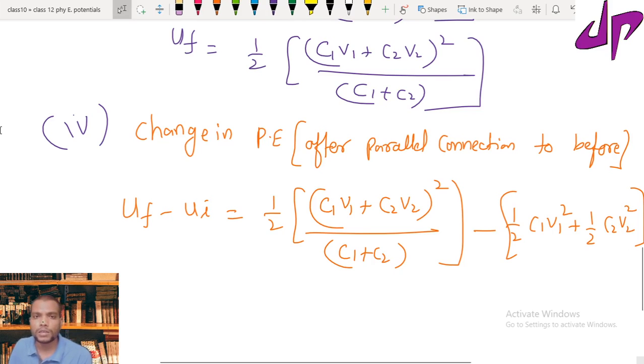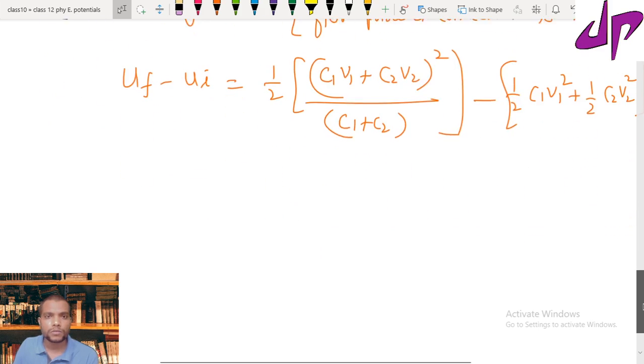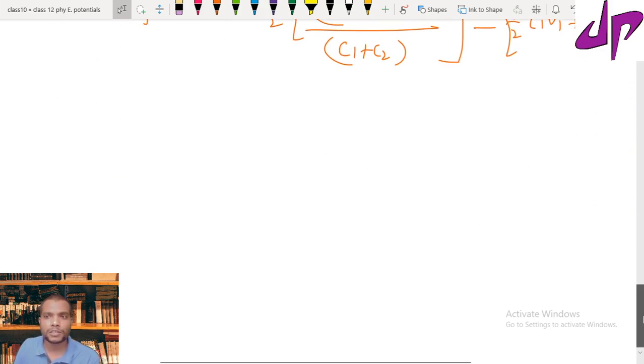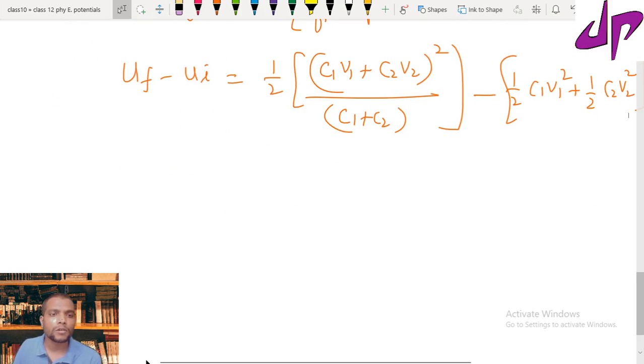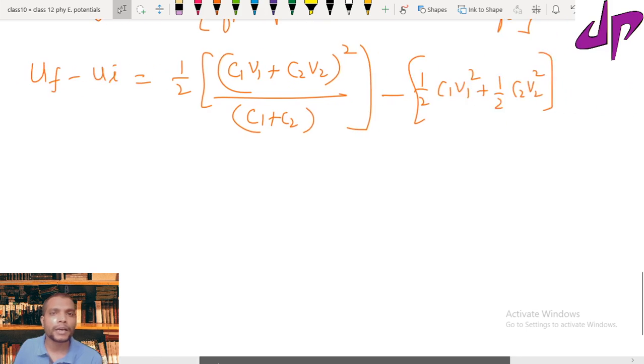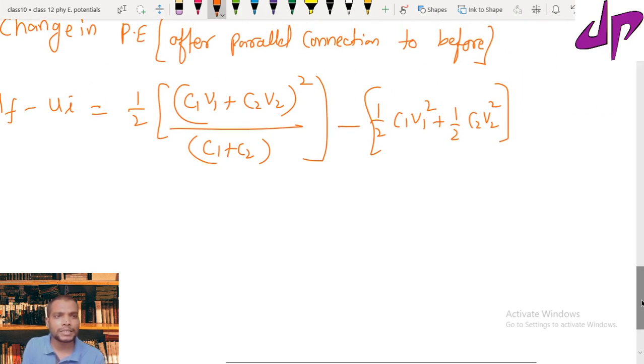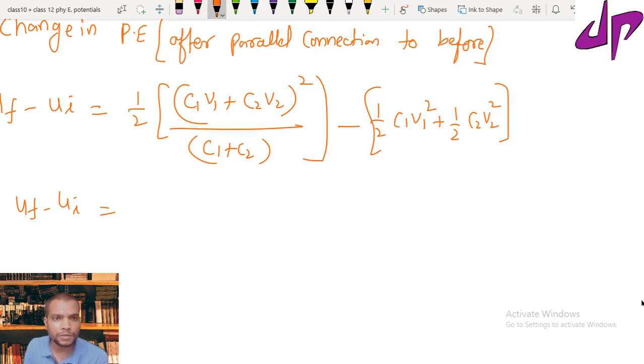That is the initial potential energy. So we need to find the end result, the change in potential energy. If we solve this expression till the end, we have to do a little mathematics here. So U final minus U initial. If you simplify that expression, here I am writing the final steps.